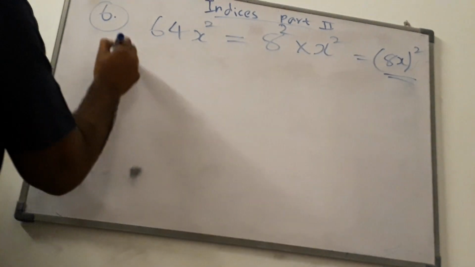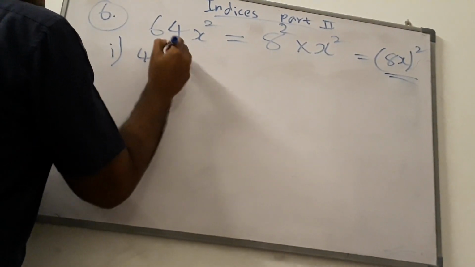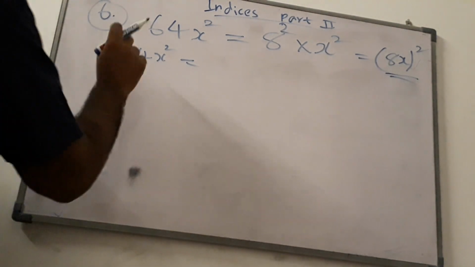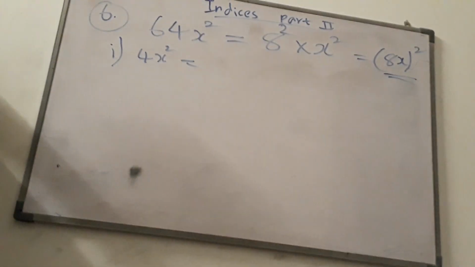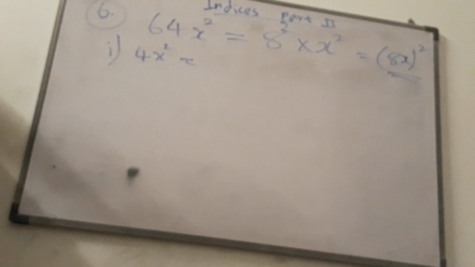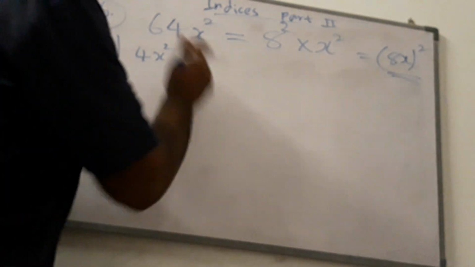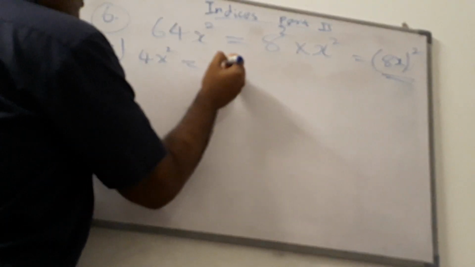Under this, our first part, 4x square. When you are given a sum like this, first of all we have to write 4 as a perfect square, square of a certain number. We know 4 means 2 square. So instead of 4, we can write 2 to the power 2.